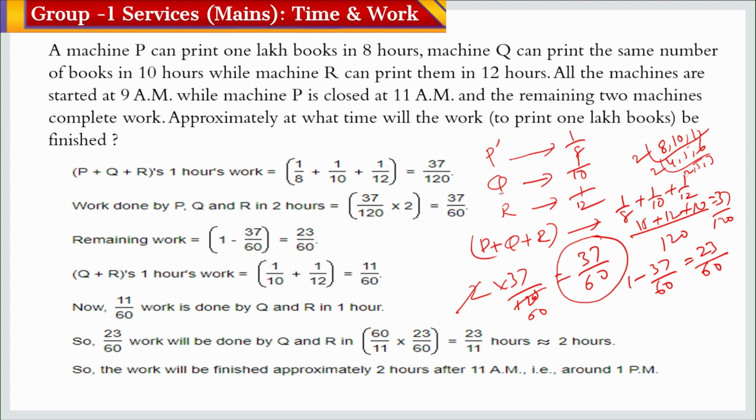And Q plus R's work in 1 hour, that is 1 by 10 plus 1 by 12, is 11 by 60.